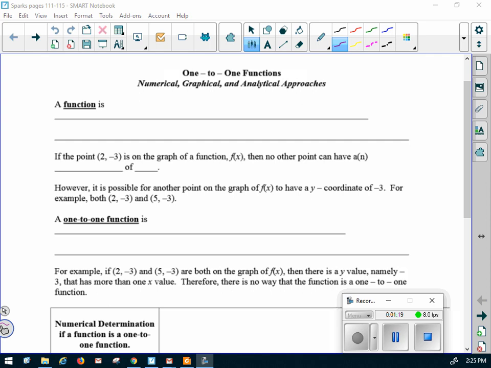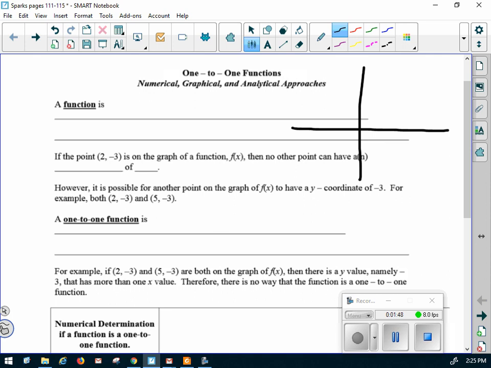So let's look at that next question. Now don't cheat, okay? If the point 2, -3 is on the graph of a function f of x, then no other point can have a... Let's draw it.